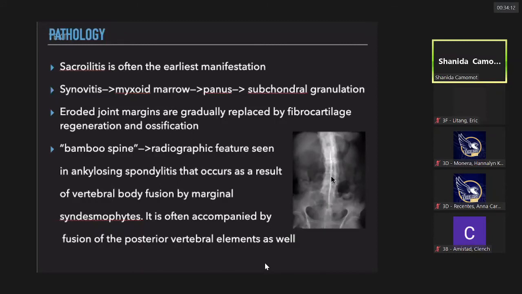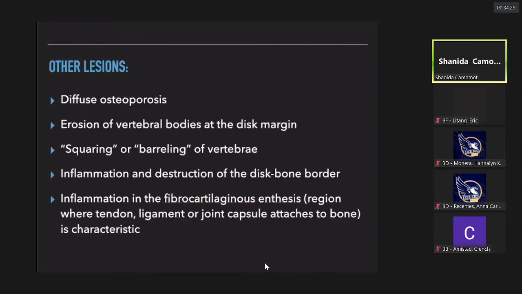This is a radiographic feature seen in ankylosing spondylitis that occurs as a result of vertebral body fusion by the marginal syndesmophytes. It is often accompanied by fusion of the posterior vertebral elements. Other lesions that we can see on X-ray are diffuse osteoporosis, erosion of vertebral bodies at the disc margin, squaring or barreling of the vertebra, and inflammation and destruction of the disc-bone border, or inflammation in the fibrocartilaginous enthesis.